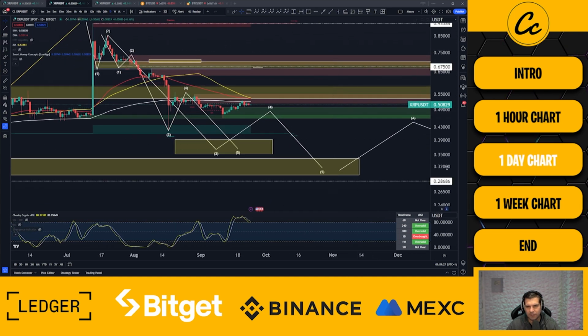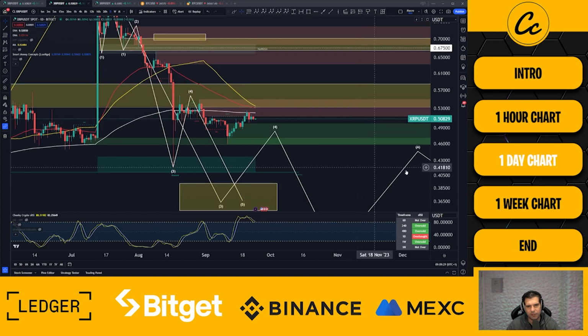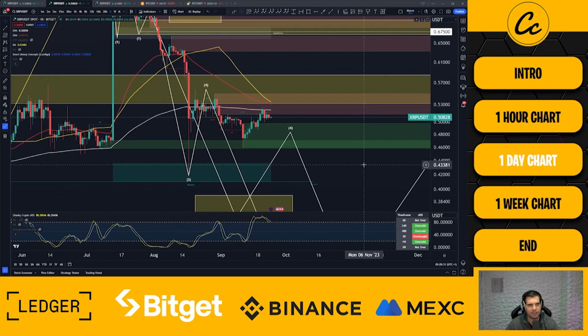Because in here we do see a death cross looming on XRP, right? So XRP, USDT again, BitGet, and what you can see here is the 50 moving average and the 50 exponential moving average looking to come down lower and cross below the 200 exponential moving average. A technical term for this would be a death cross.